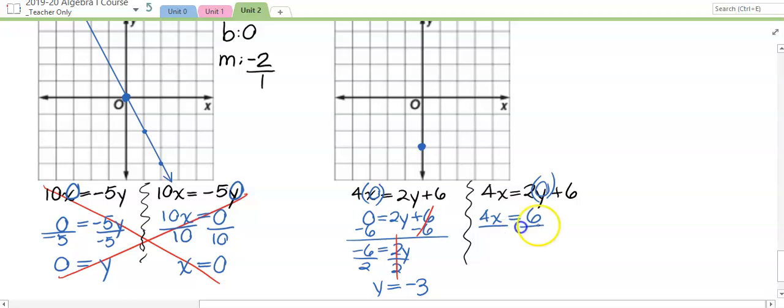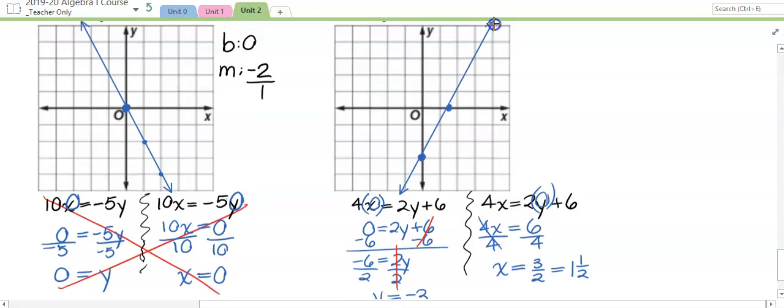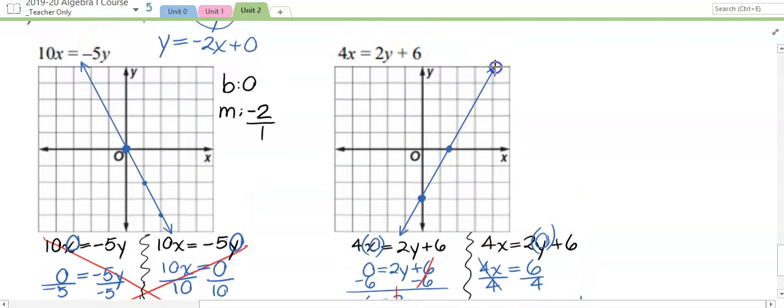Finishing up on the right, I need to divide by 4. x equals 6 over 4, which would reduce to 3 over 2, or 1.5. That's not too bad of a point to plot. Here's 1, here's 2. 1.5 is right in between. And I connect them with a line that goes all the way through my graph. And I'm finished.